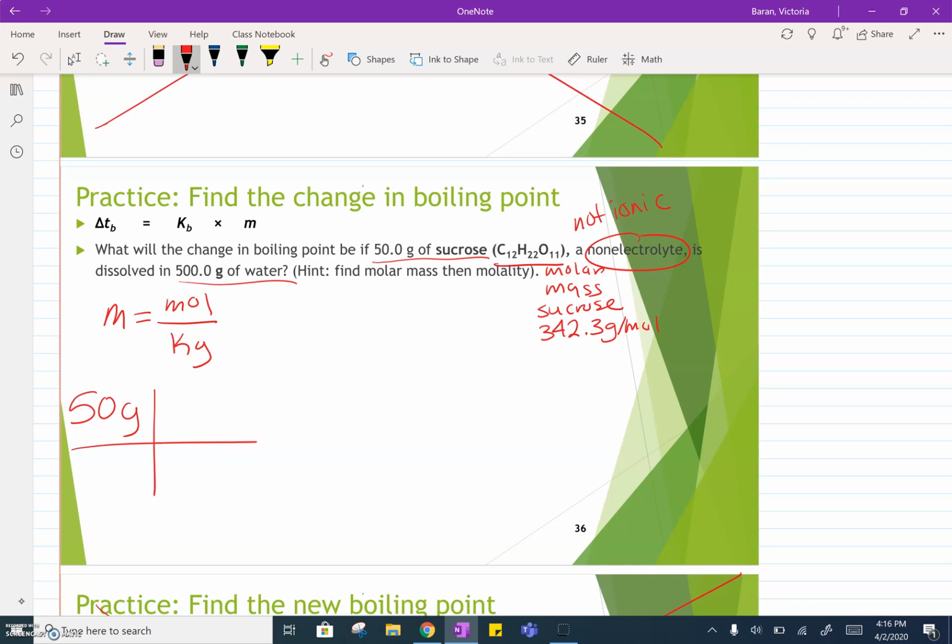Water is the solvent because you have more water than you do the solute. The molar mass of that I have already provided to you, 342.3 grams. 1 mole goes on the top. Grams to moles, picket fence. We've done this many times. I'm going to round to 2 decimal places, so 0.15 moles.